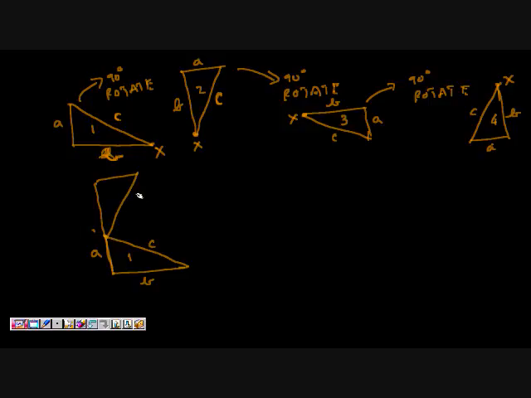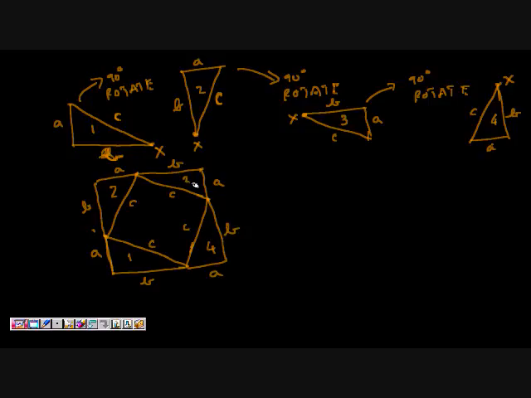That will be side A, that will be side B, and side C. Now let's bring the third triangle, like this. This will be side A, this will be side C, B. And let's bring the fourth triangle next to this. This will be side A, B, and C. Then this will be 4, this will be 3.